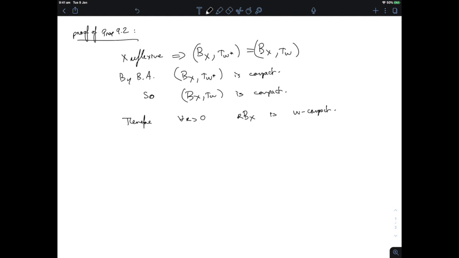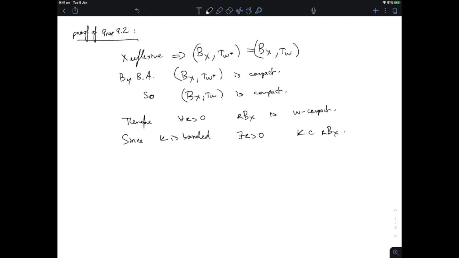It's just a different notation for saying that, endowed with the weak topology, it is compact. Now, I have a set K that happens to be bounded. So being bounded means that there exists an R such that K is included in R B_X, and R B_X is weakly compact. So all I need to show to prove proposition 9.2 is that K is weakly closed.